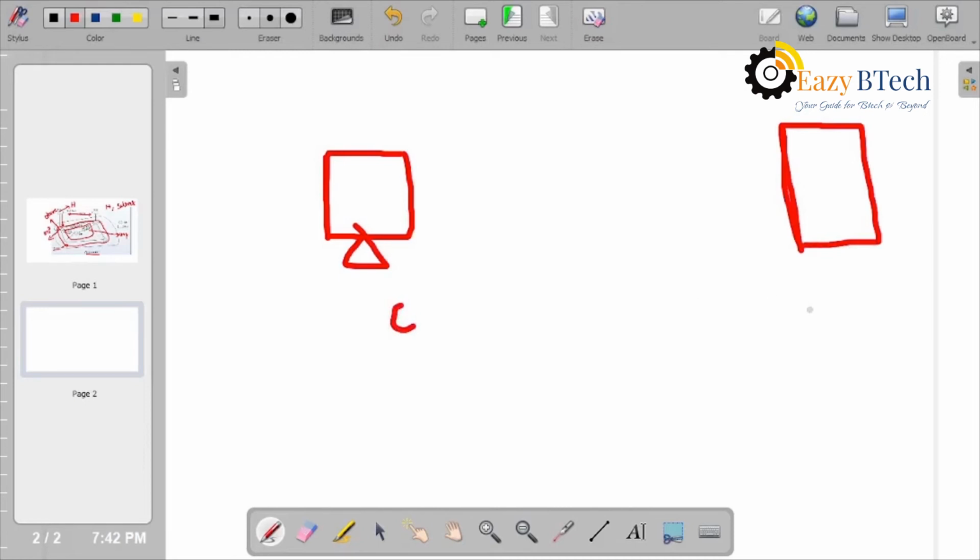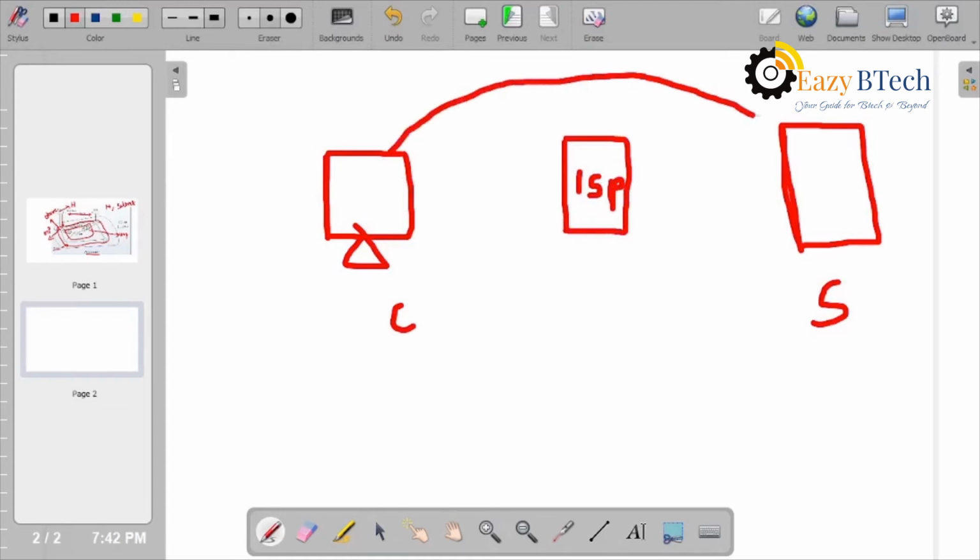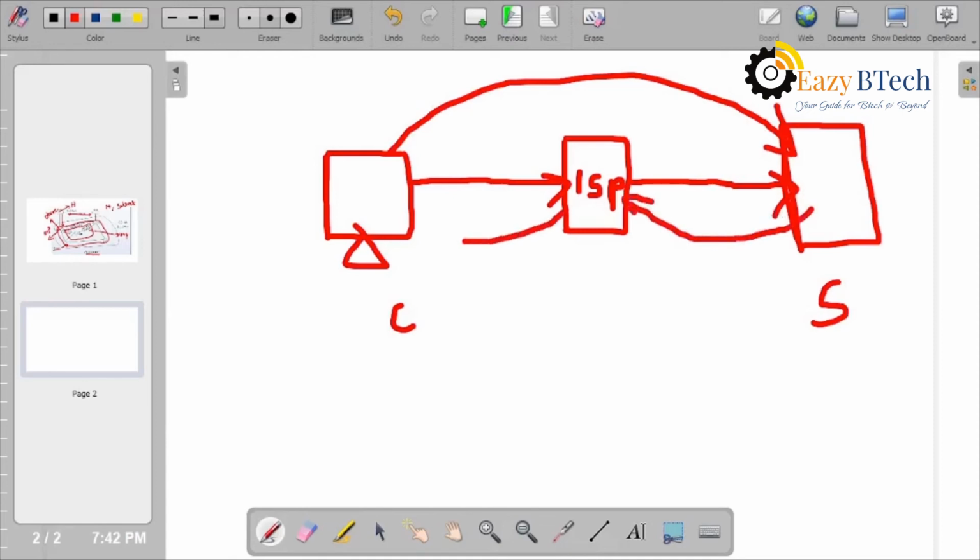In between, we have an ISP, Internet Service Provider. We can't directly connect to the network. We indirectly connect to the network by using an ISP. We connect to the ISP and the ISP connects to the actual server. It takes the services from the server and provides those services to a particular user.